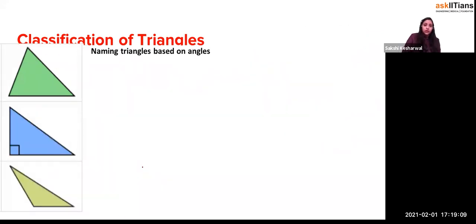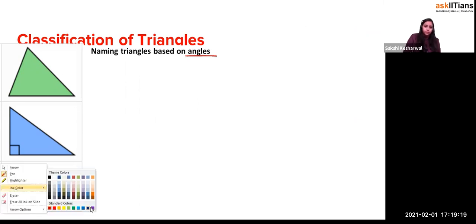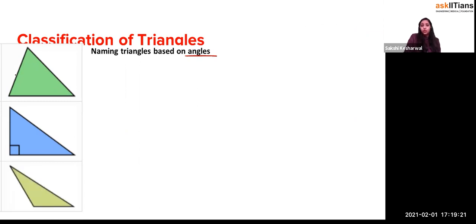Right? Now, classification on the basis of what, beta? On the basis of angles, right? You have to see all the angles over here. If you see, you don't have to see the sides, you have to just see the angles. Here, all the angles are what, beta? Acute.